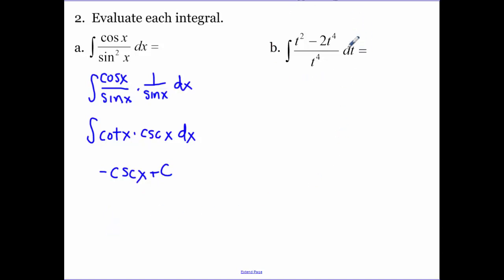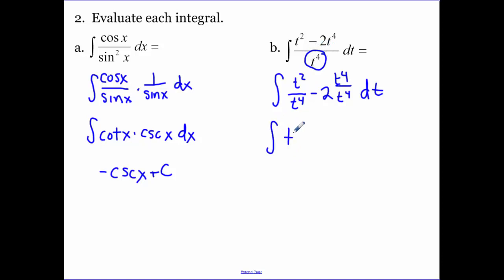Now manipulating this integral. Again, we don't have a product rule, but I can manipulate this into t squared over t to the 4th minus 2 t to the 4th over t to the 4th dt. I just separated out my numerator under t to the 4th, which is our common denominator.